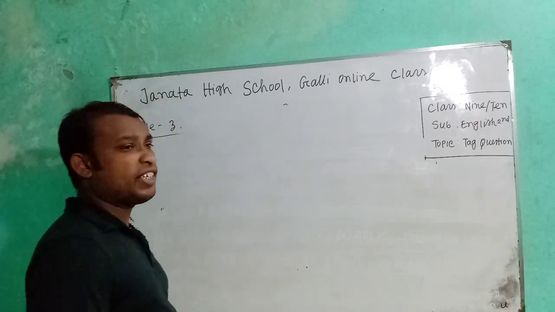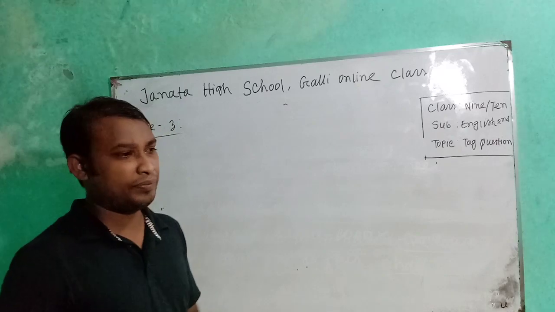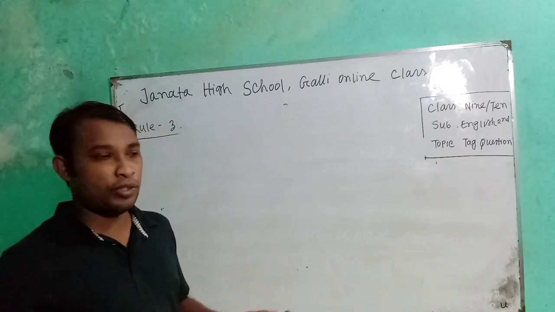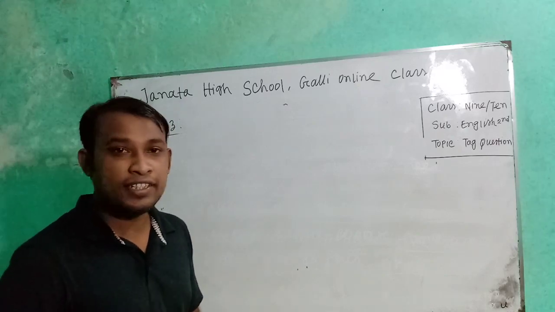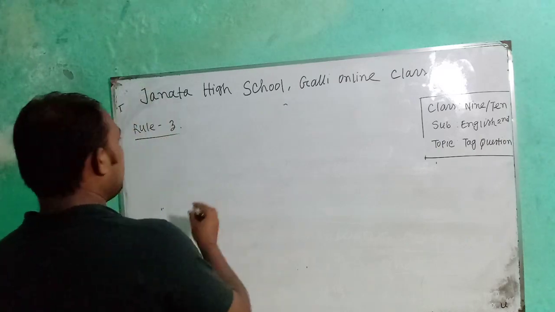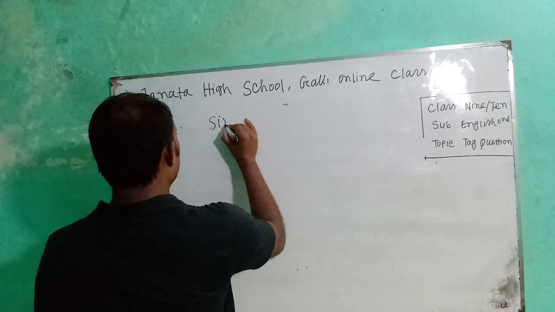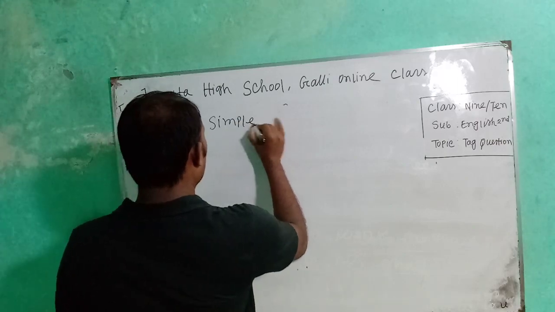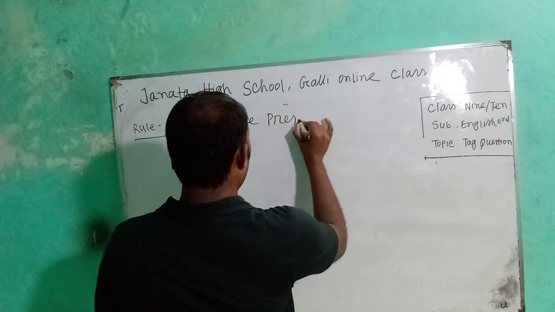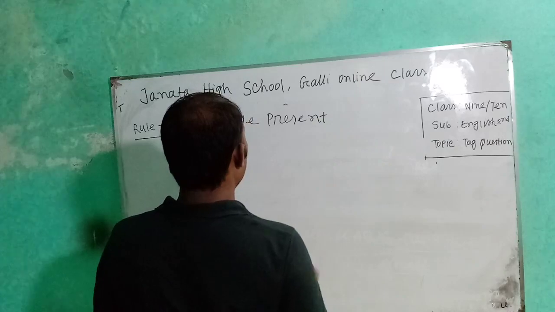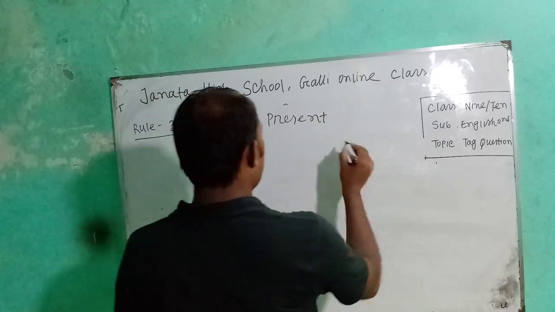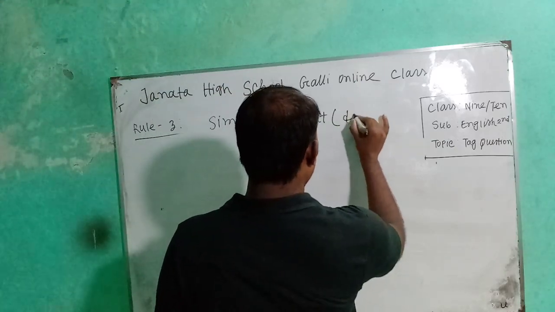If the sentence is in simple present, we have to use do or does as auxiliary verb.